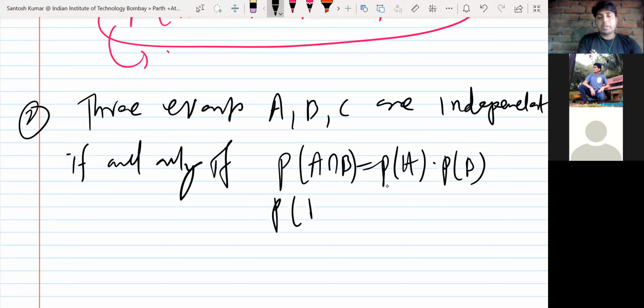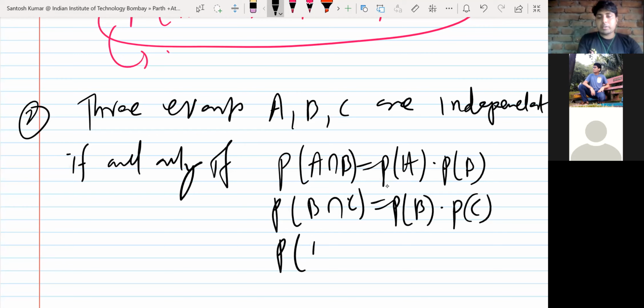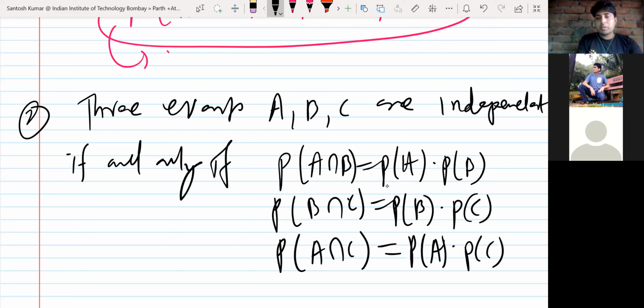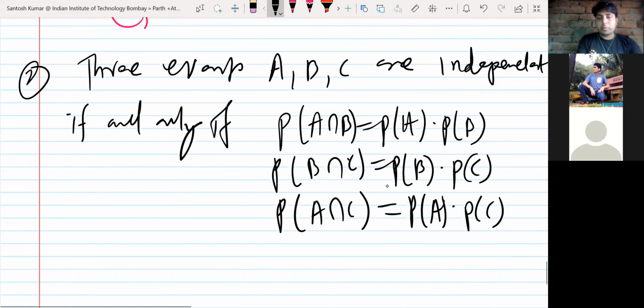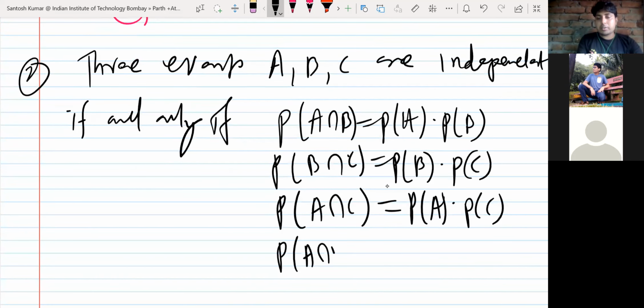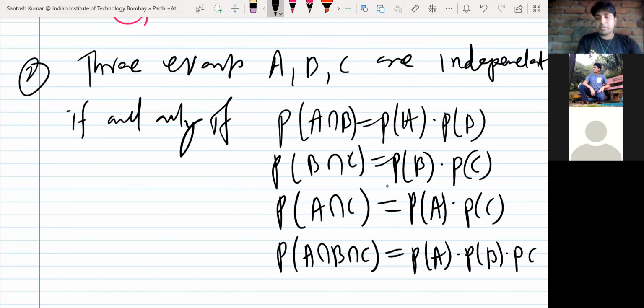Probability of B intersection C should be PB into PC. Probability of A intersection C should be PA into PC. And the probability of A intersection B intersection C will be PA into PB into PC. So these four conditions all should be satisfied. Then we'll say A, B, C are independent.